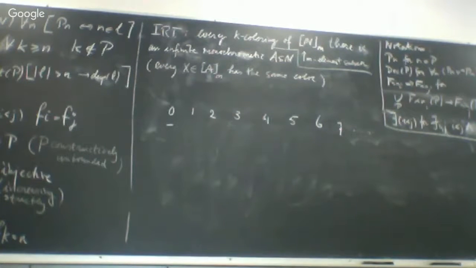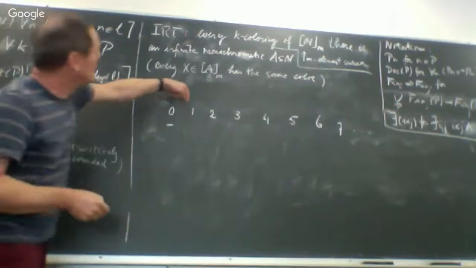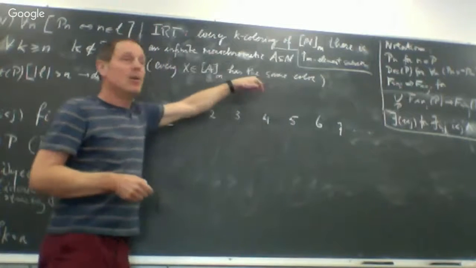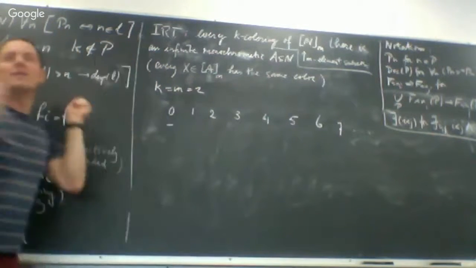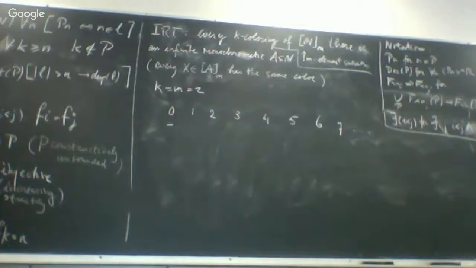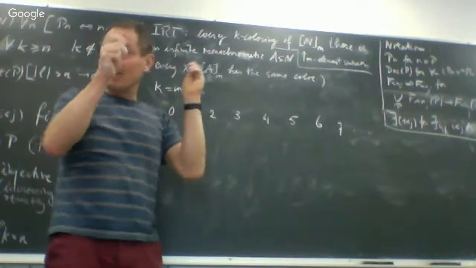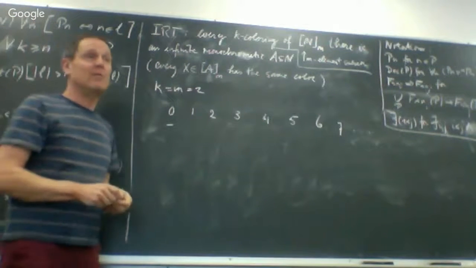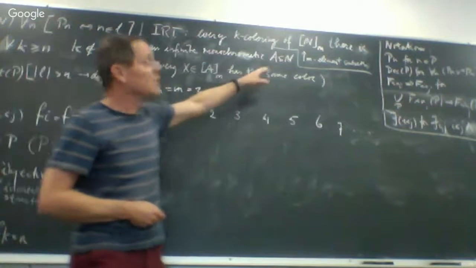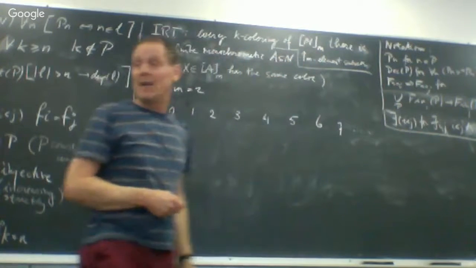We do it for k and m both equal to 2. So we have 2 colors, red and green, and we consider pairs of distinct natural numbers, so 2-element sets.